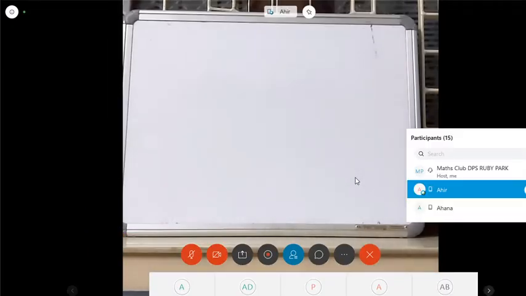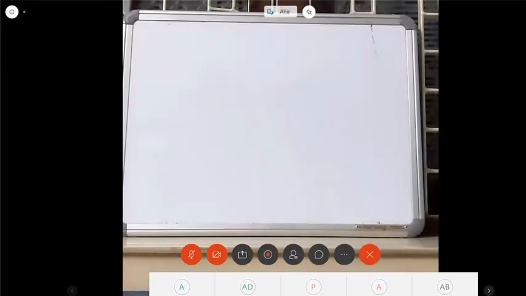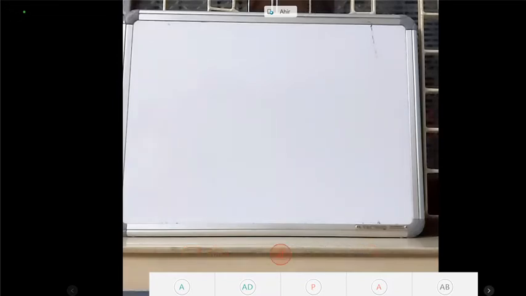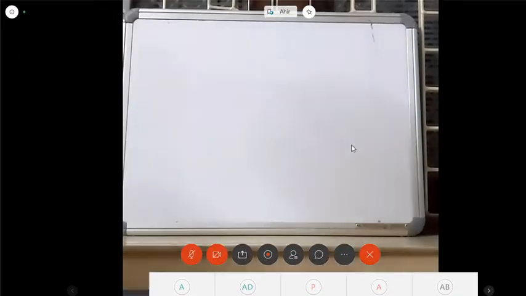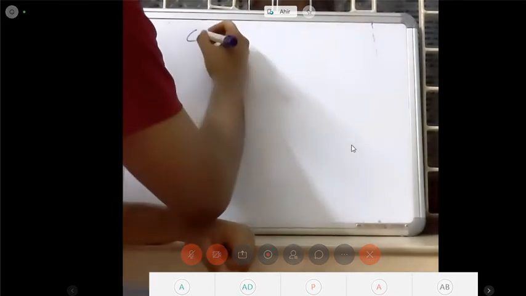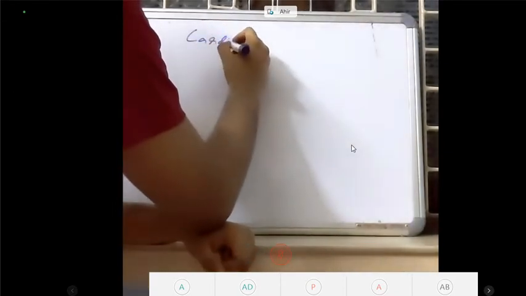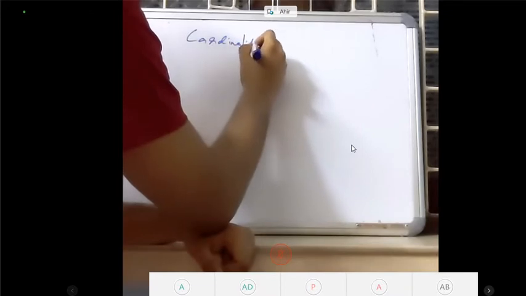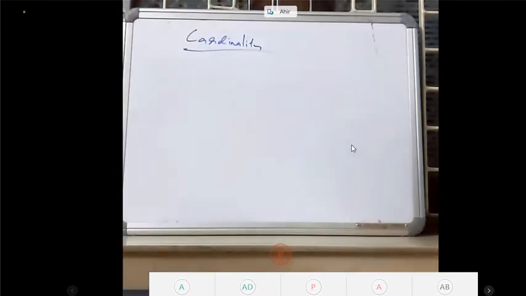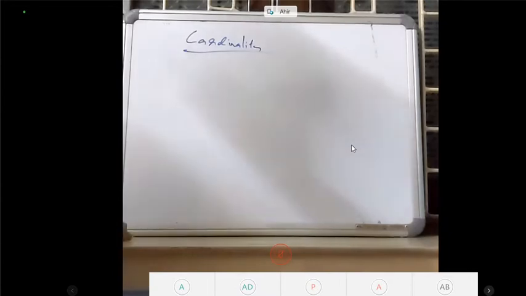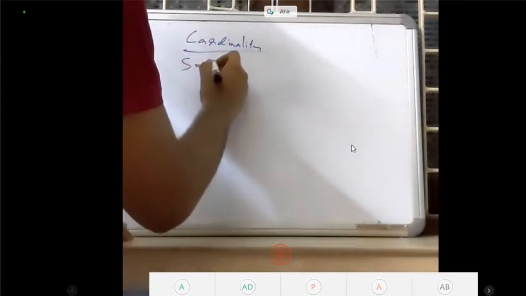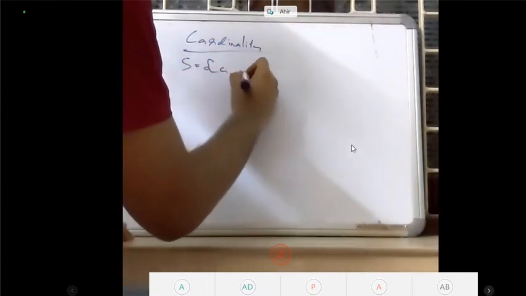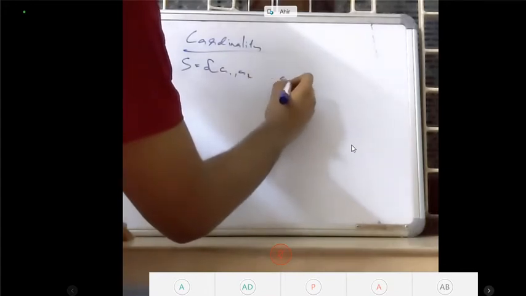আচ্ছা, so yesterday we stopped at cardinality of set. So we'll start from there. So, cardinality. What do we mean by the cardinality of a set? So suppose you have a set S having n elements a1, a2 up to an.